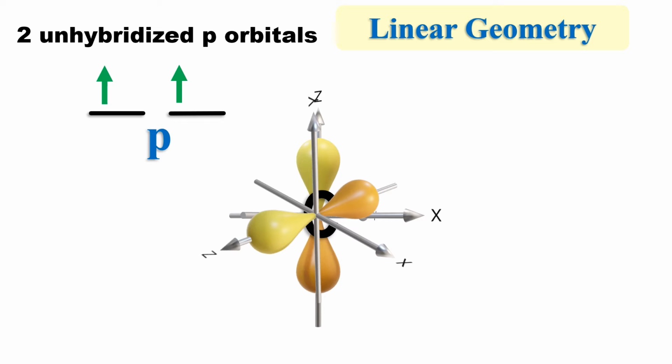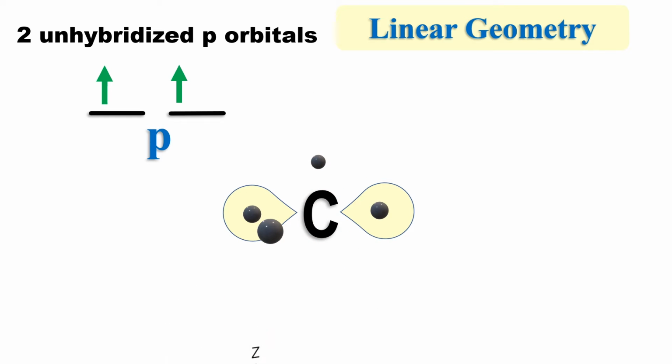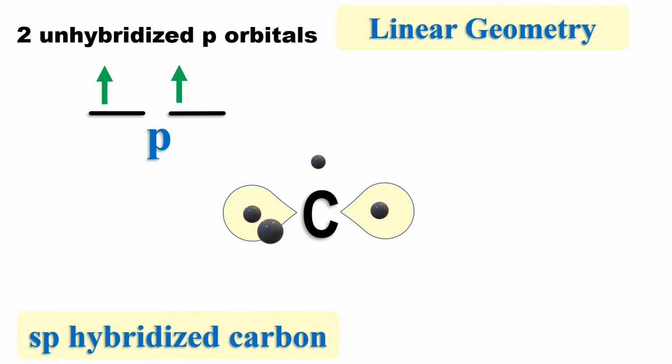You can imagine this p orbital pointing into and out of your screen. I'll bring back the hybridized orbitals and add the unpaired electron to each of the unhybridized p orbitals. Let's remove the p orbitals for a clearer view. We can say this carbon atom is sp hybridized.